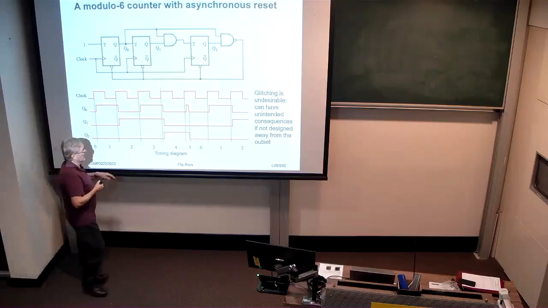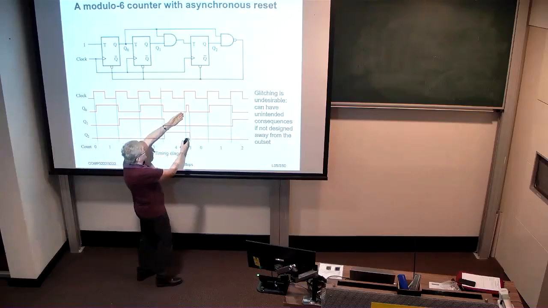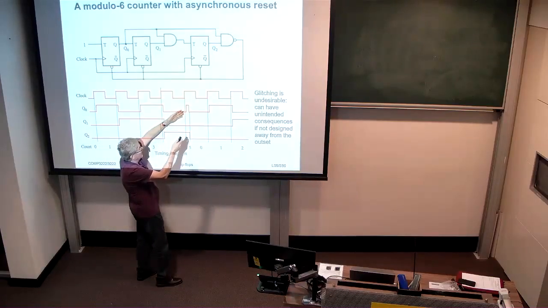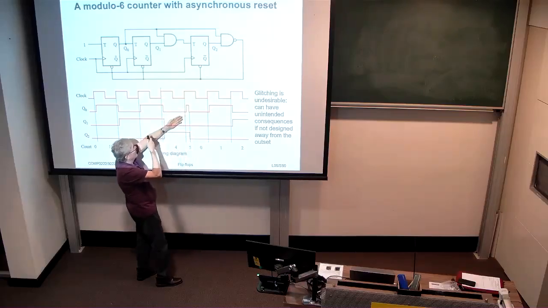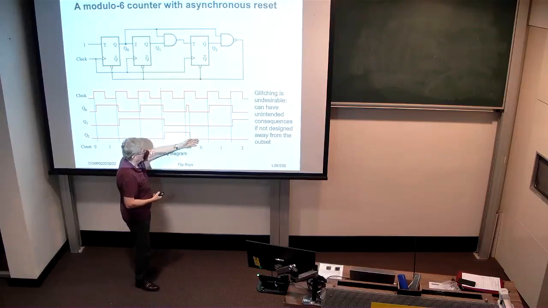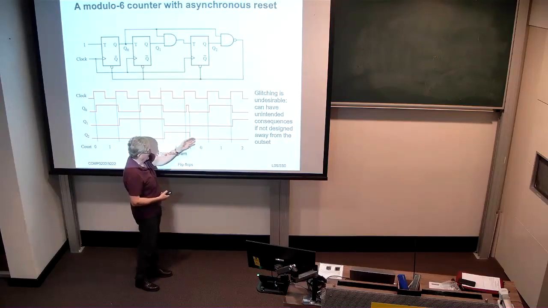The problem with this is the design gets to 5, and the NAND gate then goes low at 5 and immediately asynchronously clears these T-type flip-flops. So we go to 0 from 5 very quickly.